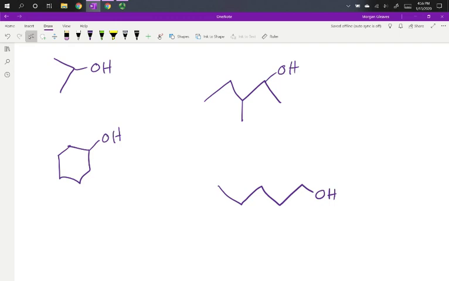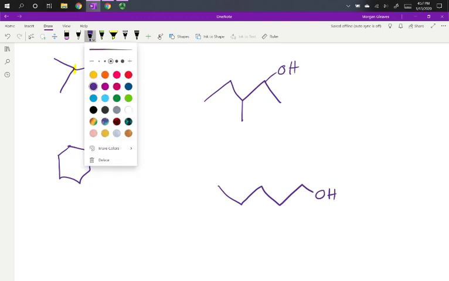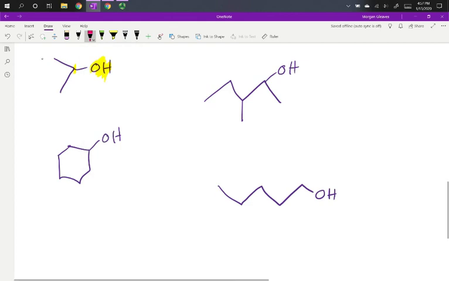Okay, if you gave it a try, let's start with our first one up here in the top left. So what we see here is that I have my alcohol group, and it is on a carbon there, but it's not on the end of the chain. So when this happens, we still have the longest chain. My chain here is 3 long. 1, 2, 3.